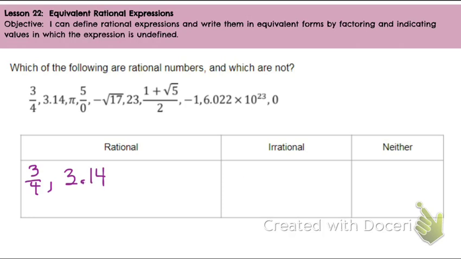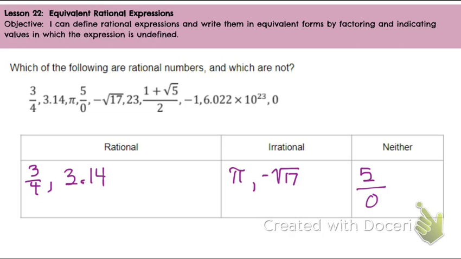Oops, I almost wrote out 3.14 for that, which would not be right. Pi is irrational. 5 divided by 0: that number does not exist, so that's in the neither category. Negative square root of 17 is irrational. It does not repeat or have a decimal answer that ends.